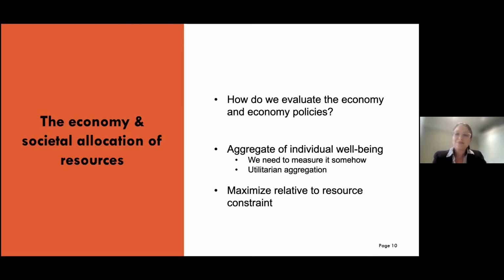And so if we want to evaluate the economy or think about policy, we need to work out a way to aggregate everyone's individual well-being into some kind of group measurement, and then we need to maximize this relative to some kind of resource constraint. And this is where things get tricky.